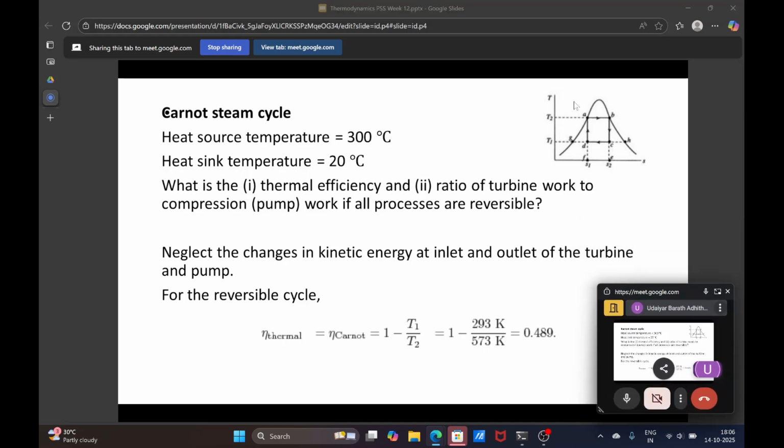If you plot a TS diagram, this is how it looks for water or steam as a working fluid. This is your two-phase envelope in a TS diagram, and then we have four processes which form the cycle.